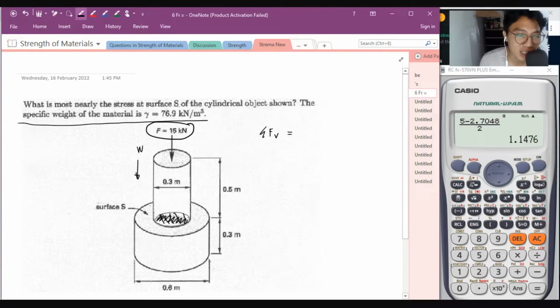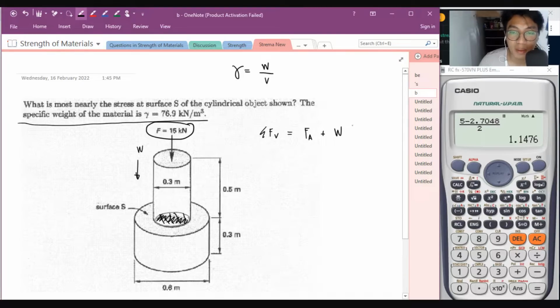But where will we get this? You're given the dimensions of your cylinder. So, you have the force applied plus the weight. But where will we get the weight? Remember, specific weight is equal to the weight divided by volume. The specific weight of the material.